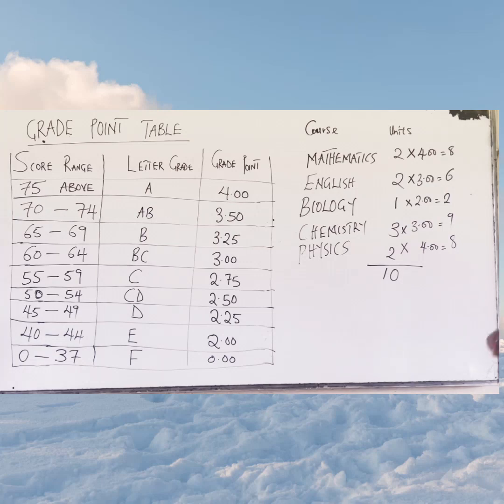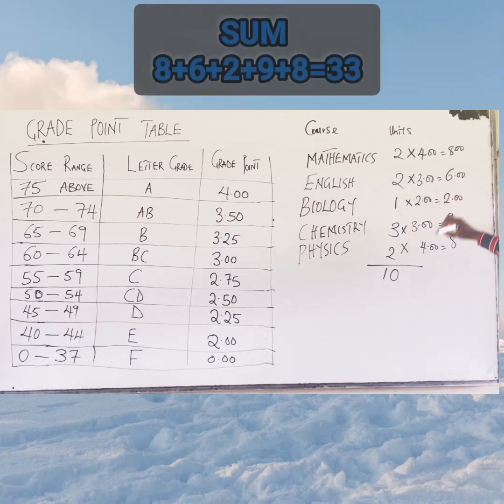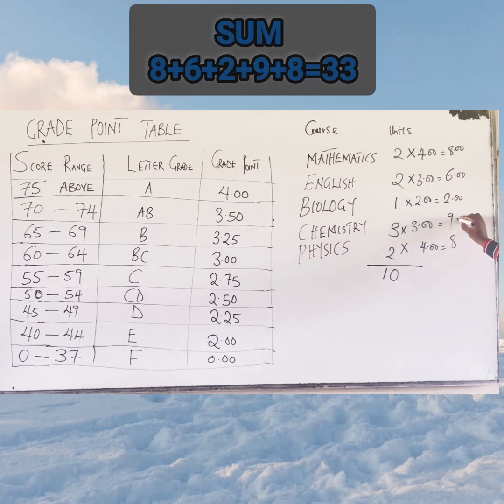Please don't be confused. 2 times 4.00 is the same thing as 8.00. This is the same thing as 6.00. This is the same thing as 2.00. This is the same thing as 9.00. And this is the same thing as 8.00.